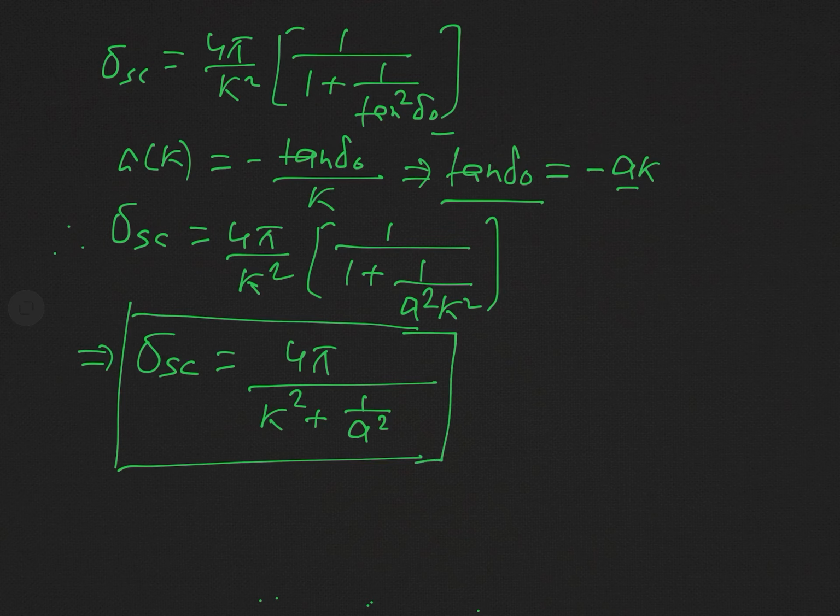So if we consider the general situation, that is, we do not take the limiting condition that k tends to 0, but we consider the situation for all values of k, in that condition the total scattering cross section is actually energy dependent, k dependent, and this a, which is in fact a scattering length, also depends on k. But again you can see, if we know the scattering length, we can find this total scattering cross section. So this is in fact the situation when we consider that k has a general value, not 0.